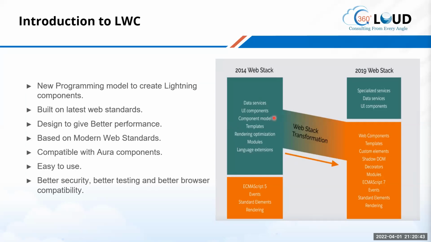We don't need a thick layer of framework like React.js, Node.js, or Oracle framework. We don't need these things, because all the custom elements, shadow DOMs, all the decorators are supported or understood by the web browser itself. So that is why it is designed such that it will give better performance.